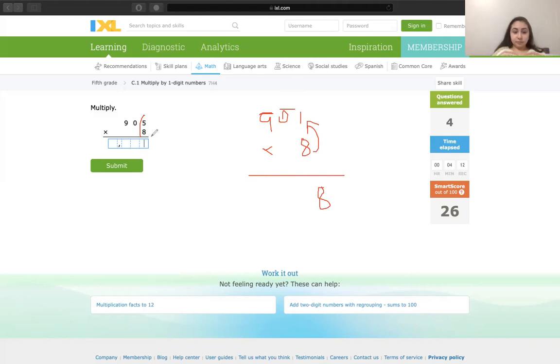But 8 times 5 is 40. So here would go the 0, and here it would go the 4. Okay? Because it's 40. This number always goes here, and this number will go on the top. Okay, those are the two main important things to know when doing a multiplication with a one-digit number.